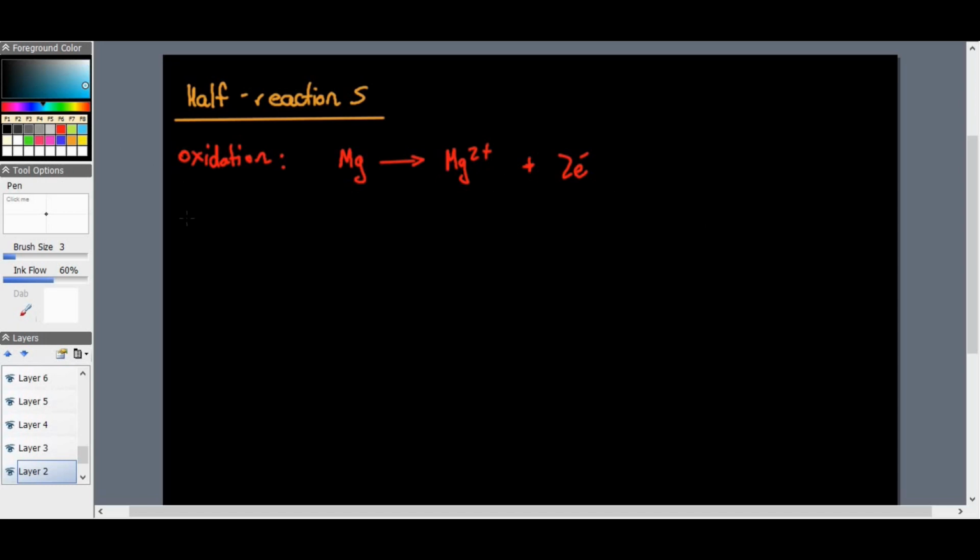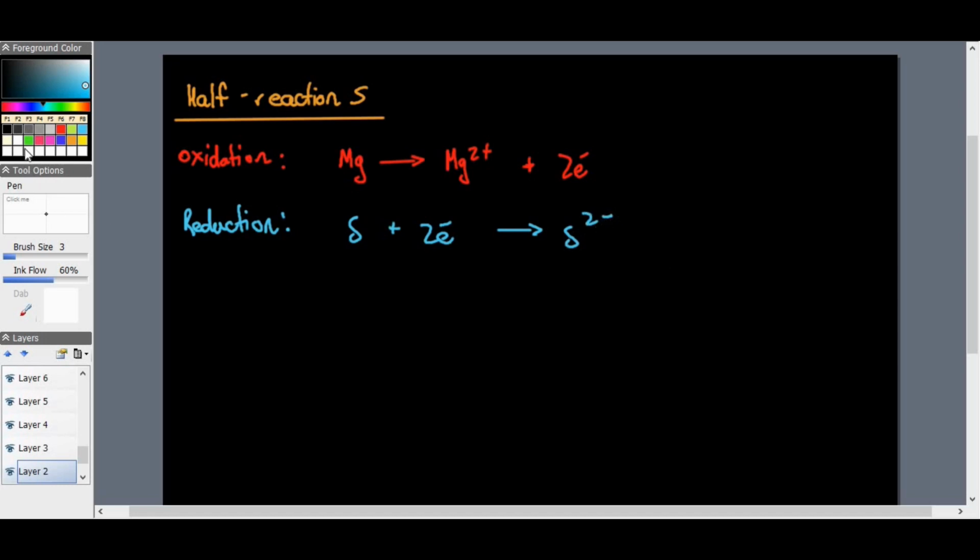When it comes to reduction, I think I use this color, yes. Reduction will show which substance gained the electrons. So let's take, for example, sulfur. Sulfur plus 2 electrons, which is negative, of course, now becomes S, which is sulfur 2 minus.